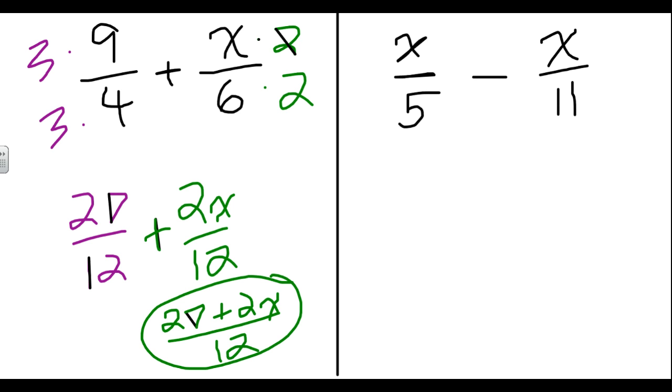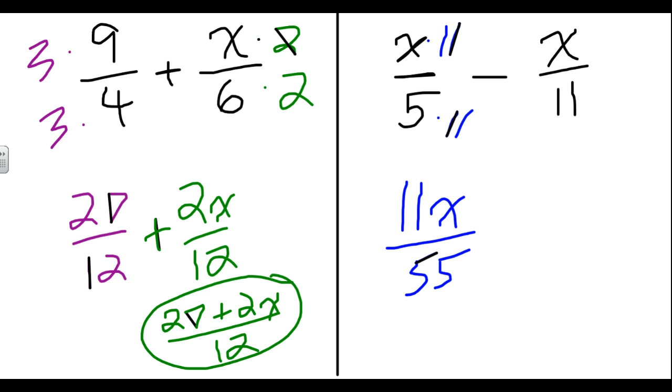In the right-hand example here, the 4th one we're looking at, the least common denominator between 5 and 11 is 55, which is 5 times 11. So multiply the left-hand fraction by 11 in numerator and denominator, get 11x over 55.